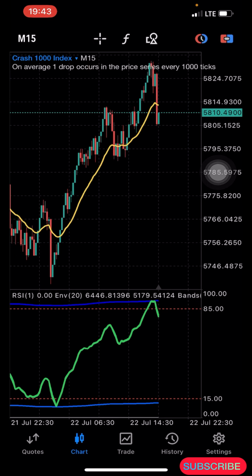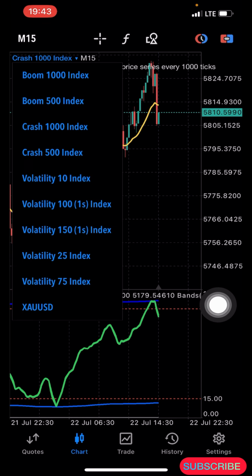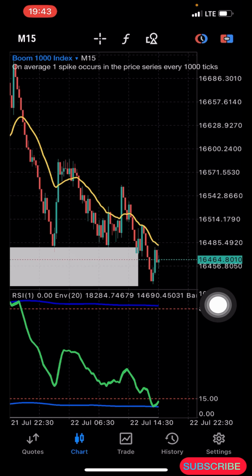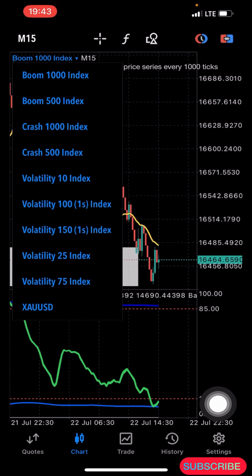Here on the 15-minute time frame, this is what you should do before taking an entry with this strategy. You are going to first allow price to get to the overbought level. This is crash, so it's going to be at the overbought level. On boom, you are going to wait for price to get to the oversold level, as you are seeing here.